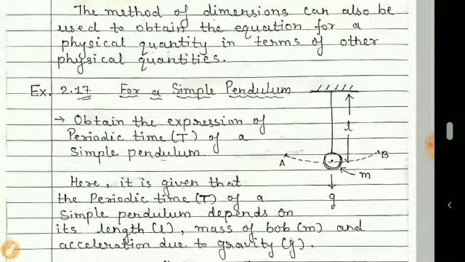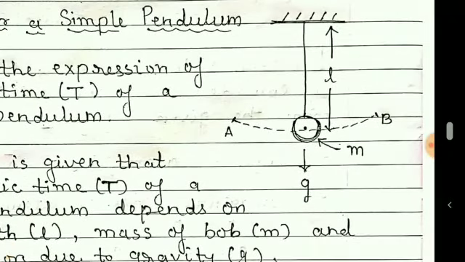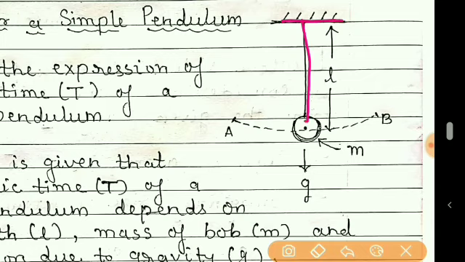Here a simple pendulum is given. This is the length of the simple pendulum, from this point to the center of the bob. The bob has mass, and acceleration due to gravity acts on it.